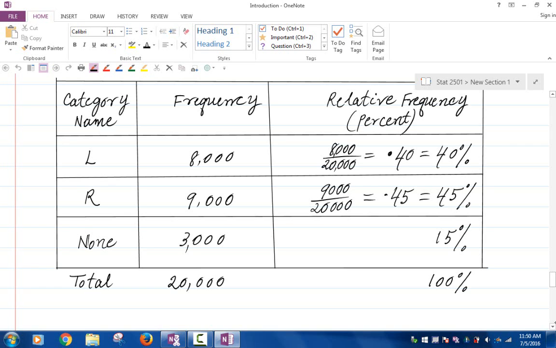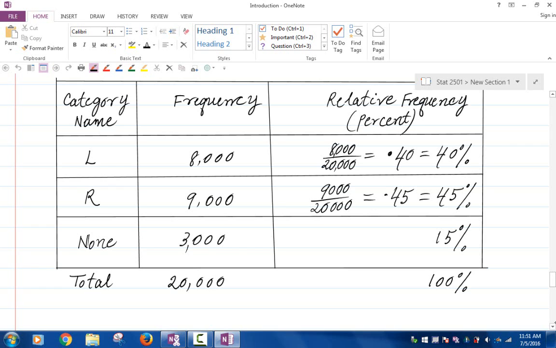So the category L is the category where the preference is Landon. How many voters prefer Landon? Same way, how many voters prefer Roosevelt?